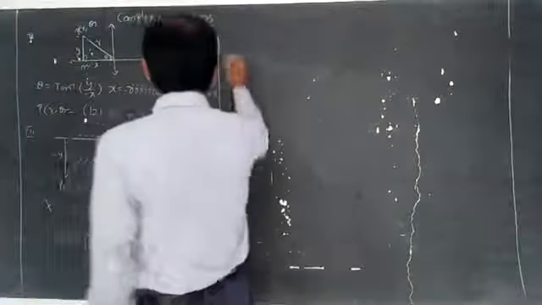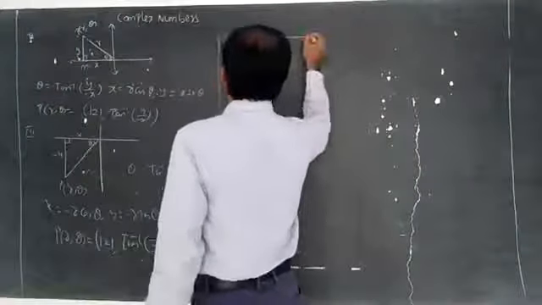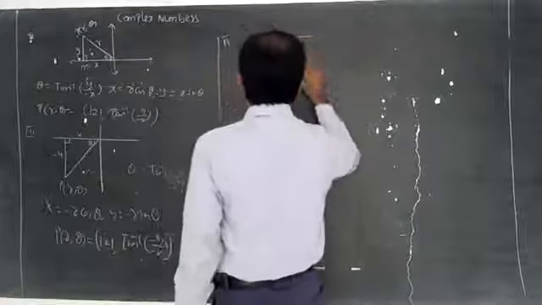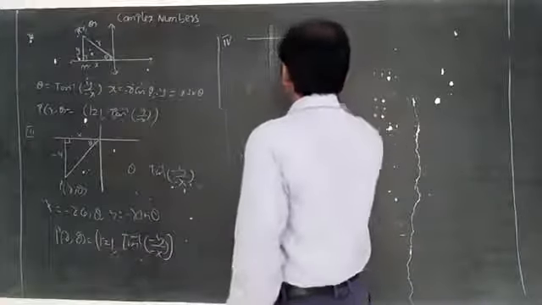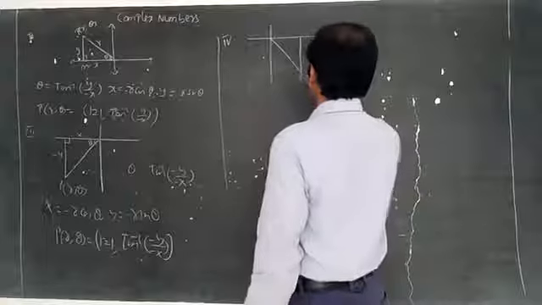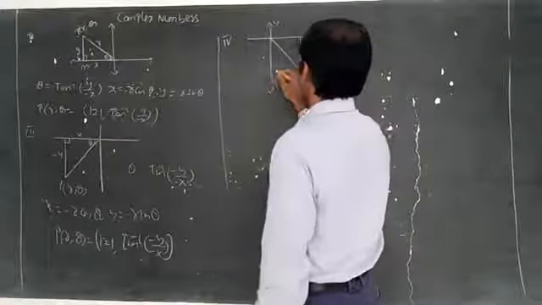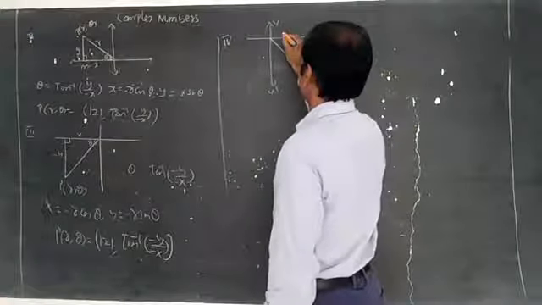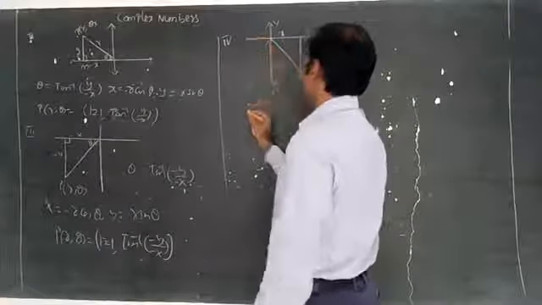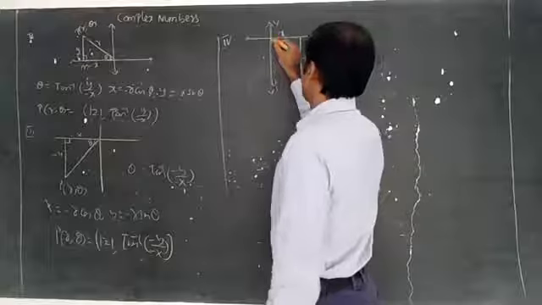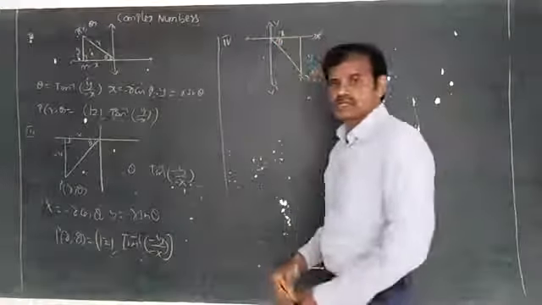And the fourth one, mention like this. This is P(r, theta). Y is negative, put minus y, and x is positive. It is theta with the positive direction of x-axis.